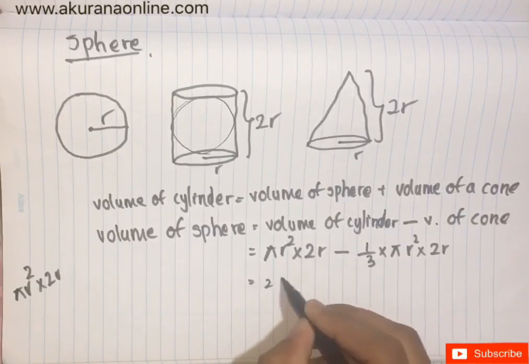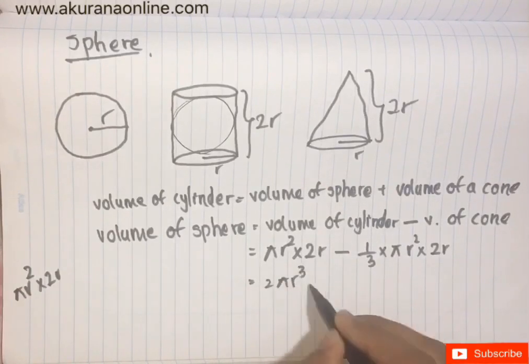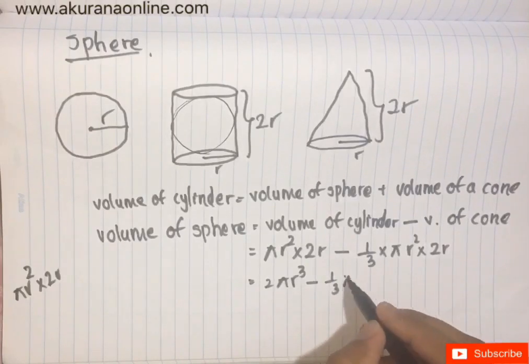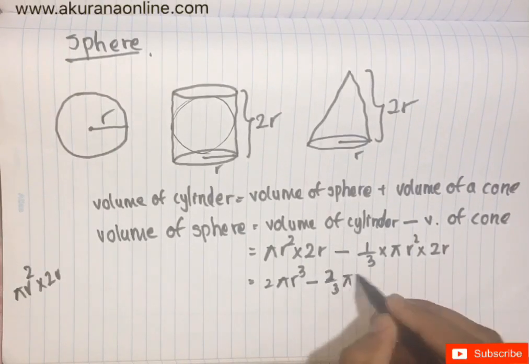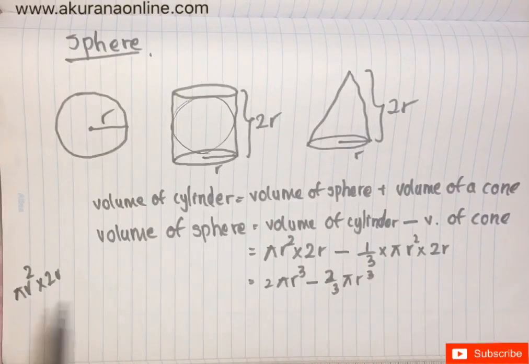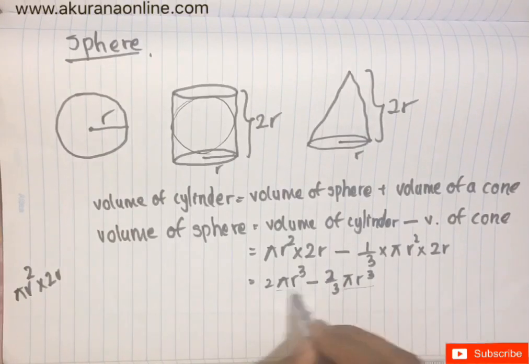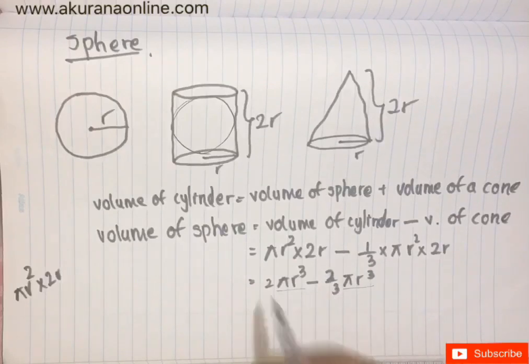Here you have 2 pi r cube minus 1 over 3 times 2, that is 2 over 3 pi r cube. Now these are like terms, pi r cube. You just have to subtract 2 over 3 from 2.